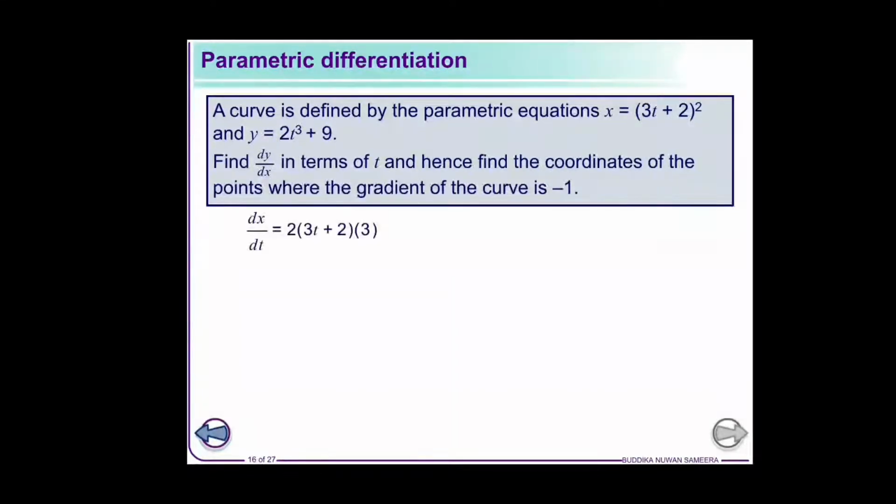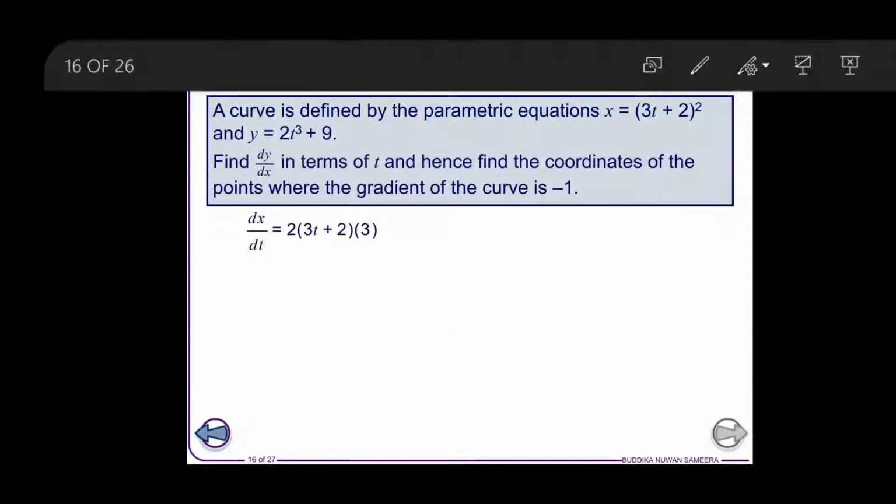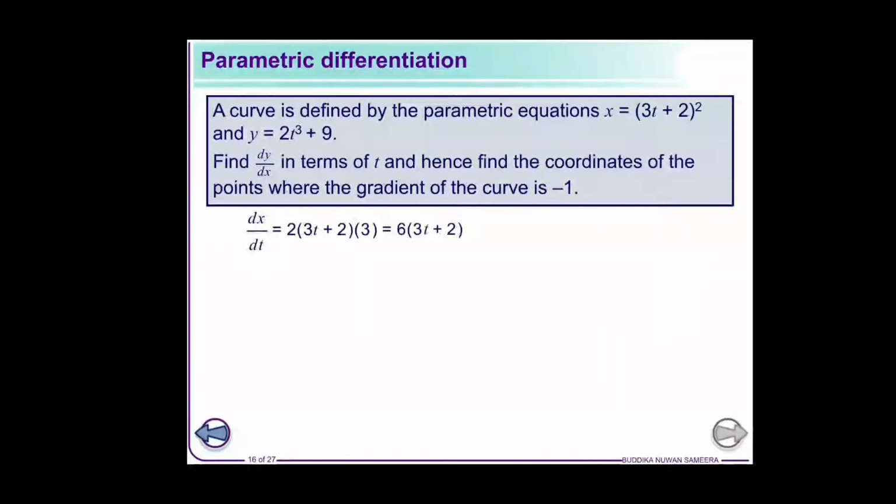First find dx over dt. (3t plus 2) whole squared you can differentiate as a power. So 2 times (3t plus 2) to the power 1, and the derivative of the inside function is 3. You should multiply by 3 also. Then the final answer should be 6 times (3t plus 2).